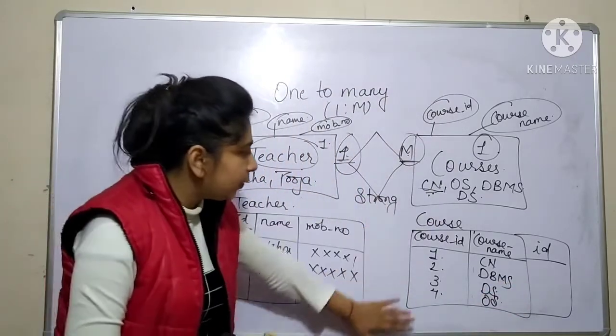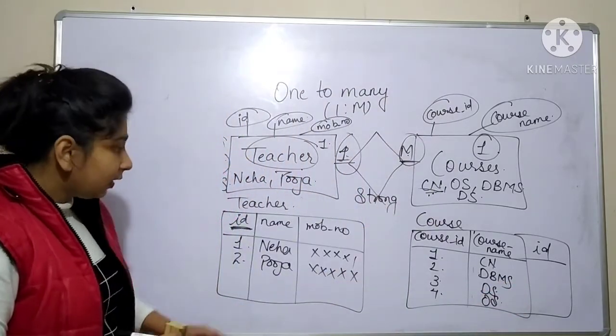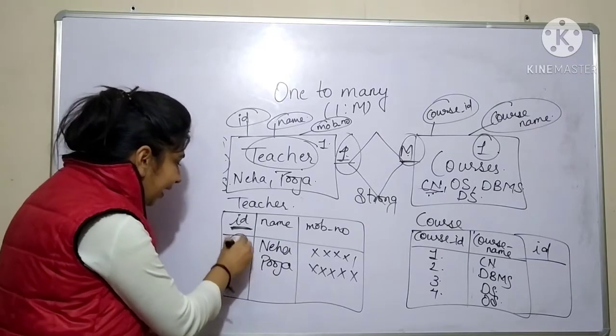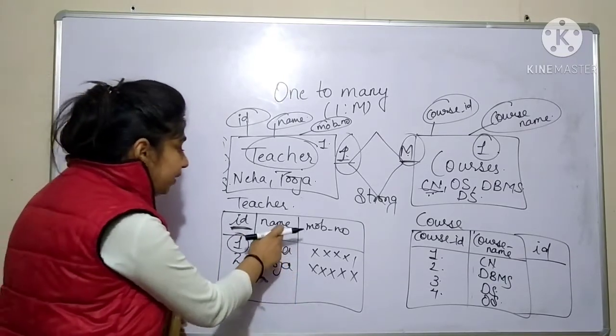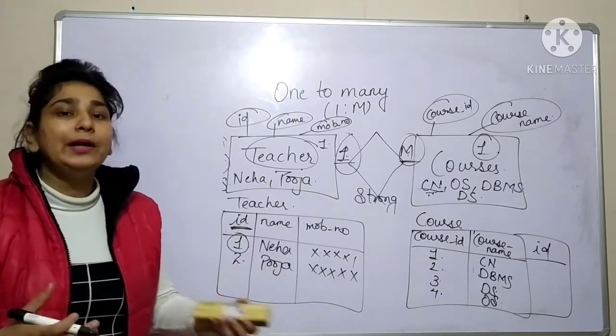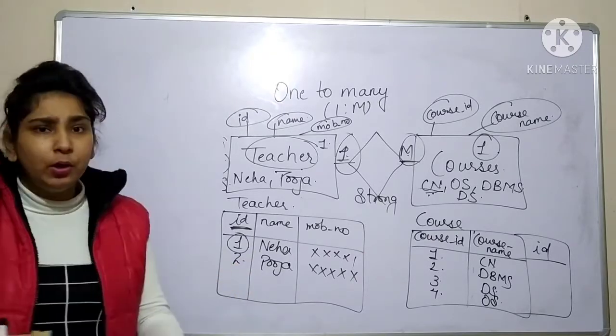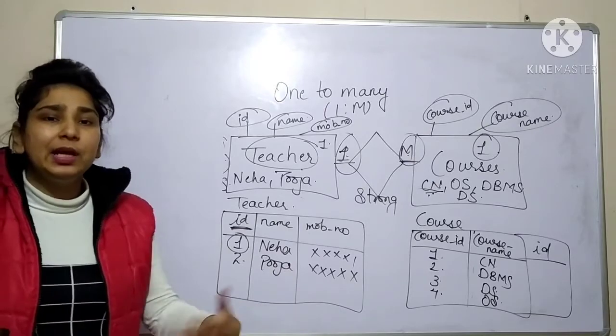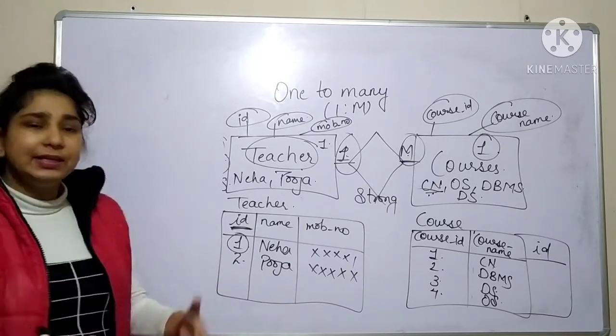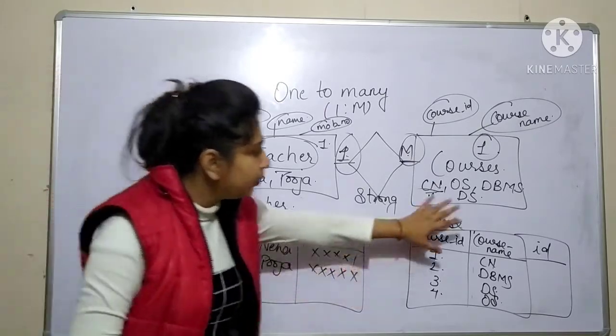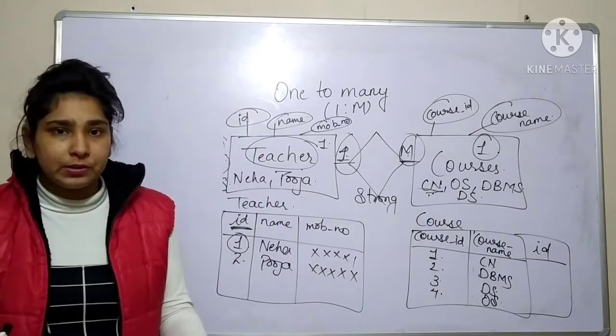So these 4 courses we are having. Now we have to define the relationship, which teacher is teaching what course. Till now we don't know which teacher is teaching what course. We just have the details of the teacher and the details of the course.